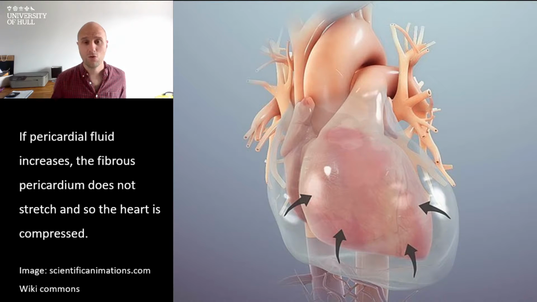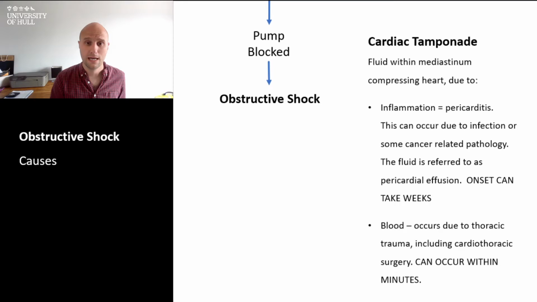Now, if for whatever reason that fluid builds up, because the fibrous outer layer of the pericardial sac doesn't really stretch a great deal, that fluid then can begin to compress the heart. And what we find is that it often compresses the right side of the heart, which is less muscular.